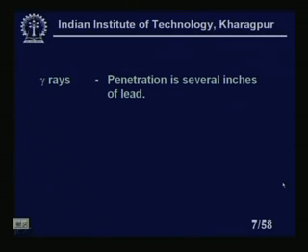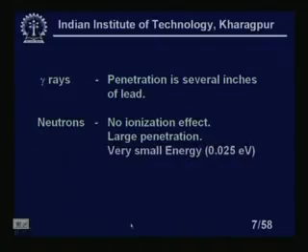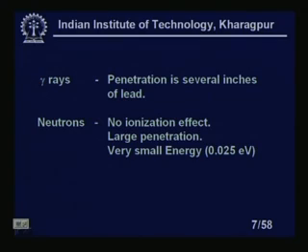Alpha and beta particles will not penetrate through lead; only gamma rays can penetrate several inches, but with thicker lead, gamma rays also cannot penetrate. Neutrons are a different source. They have no ionization effect, large penetration and a very small energy, 0.025 electron volt. You can see how low it is.